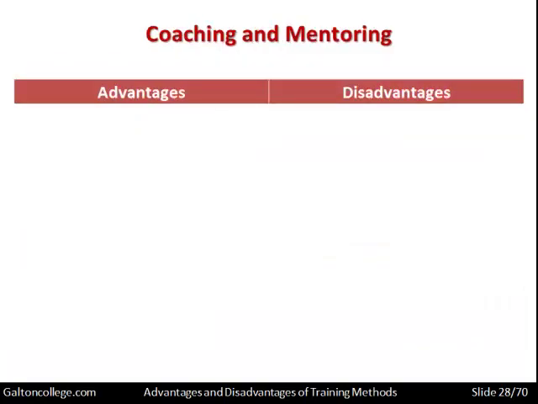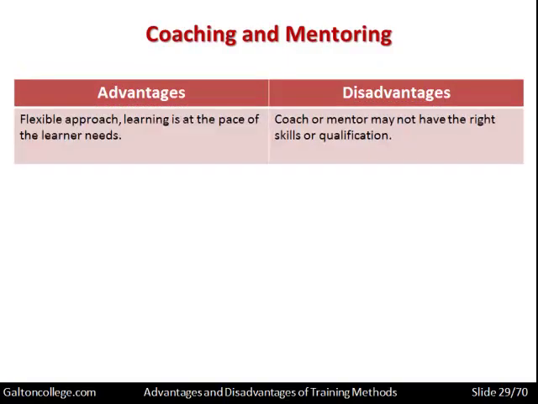Now, coaching and mentoring. Let's look at the advantages and disadvantages of these. Well, it's quite a flexible approach. Learning is at the pace of the learner needs. So learning, the learning pace is dictated by the learner.